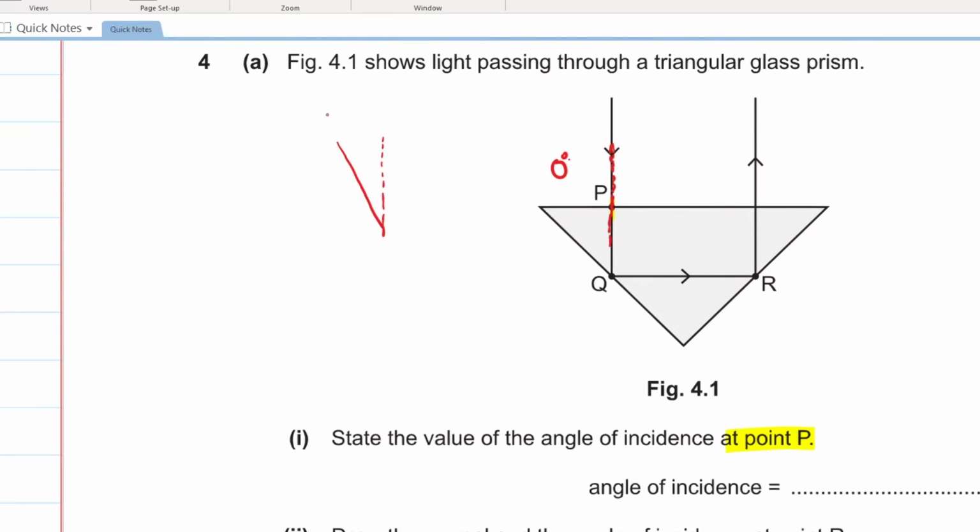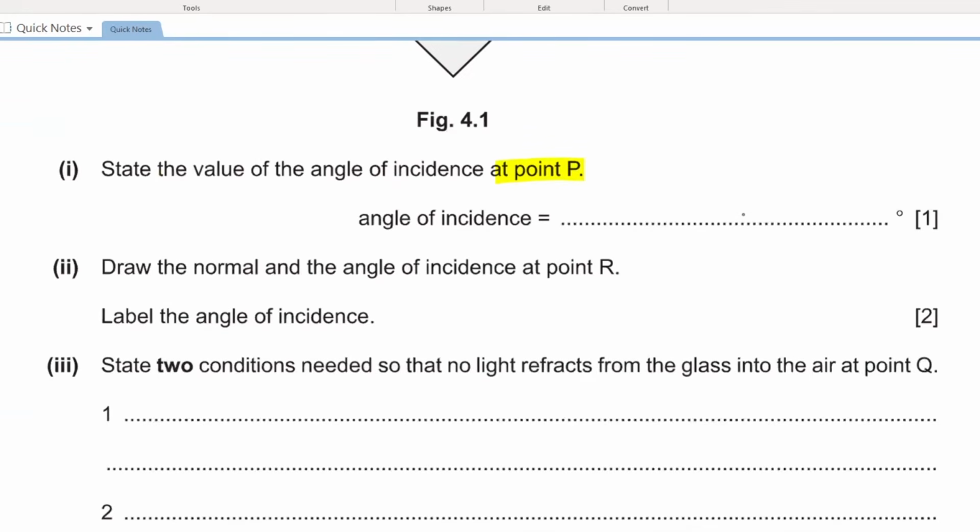Let's say this is your incident ray, this will be your angle of incidence. But if your incident ray is exactly on the normal, then your angle of incidence becomes 0 degree. Simple, nothing complicated here. Angle of incidence is equals to 0 degree here, not 90.